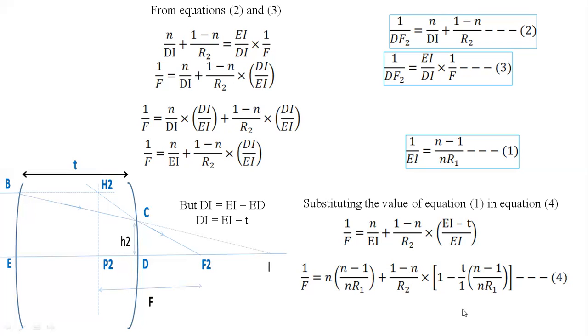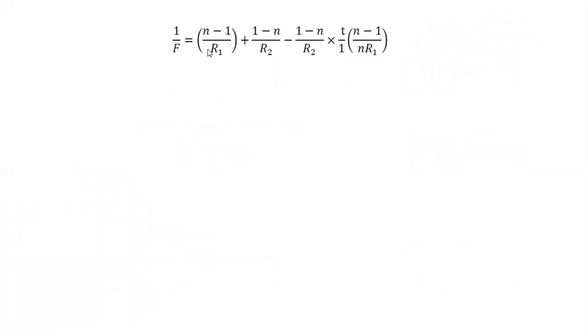We have to multiply here. Therefore, the equation becomes (n − 1)/r1 + (1 − n)/r2 − (1 − n)/r2 × t × (n − 1)/(n r1).